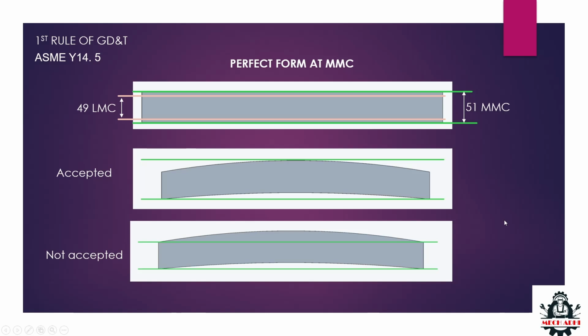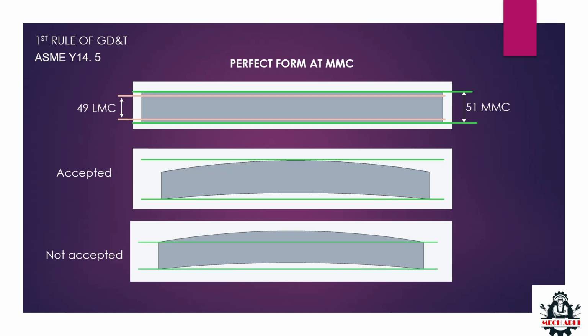Now, to help us win the argument with the manufacturer, whether or not to reject or accept the part, the first rule of GD&T comes to help. According to the ASME Y14.5 standard, the first rule of GD&T states that any part which is manufactured according to the print with a particular tolerance has to have a perfect form at MMC.